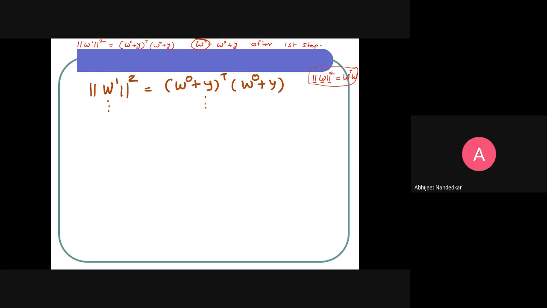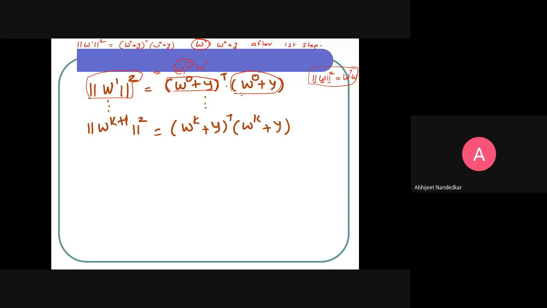If you take the square root, it will give you the correct length of that vector. Now if I take this first vector after training, W1 norm square, this is equal to W1 transpose W1. So I replace W1 with the help of our training step, that is W0 plus Y transpose into W0 plus Y. Try to simplify this.